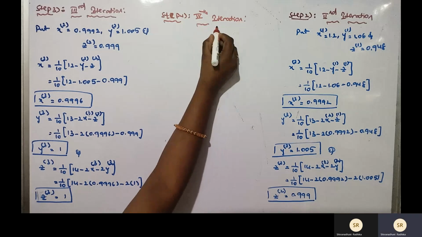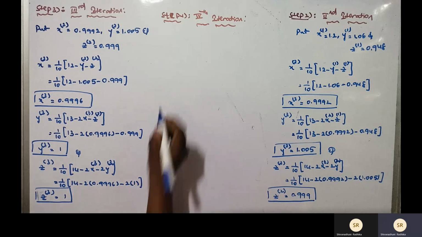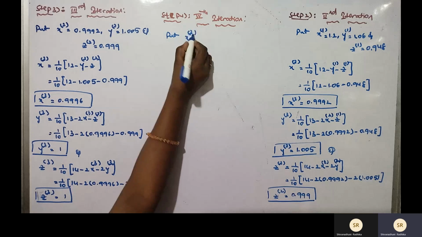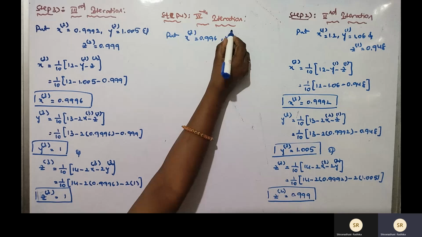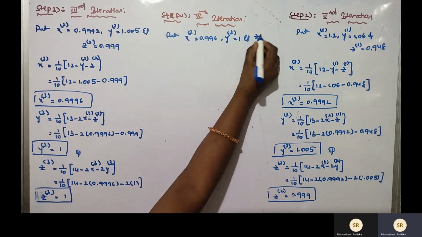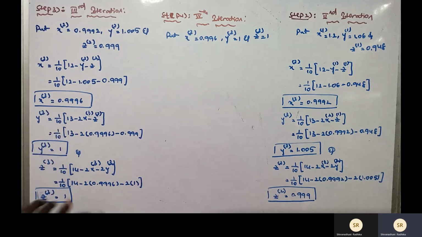In the fourth iteration, we are going to substitute the third step values. How many values in the third step? x third approximation is 0.996, y third approximation is the 1, and z third approximation is also 1. Here these three values we are going to substitute in the fourth step.